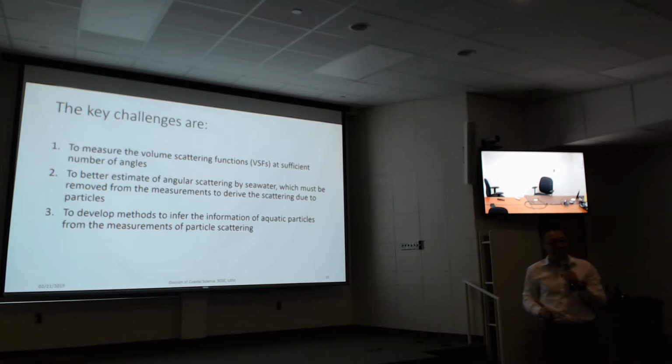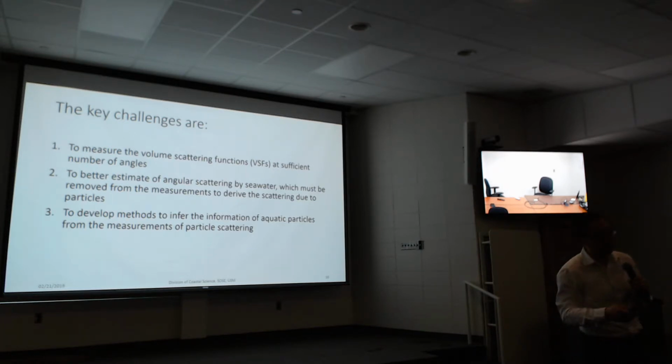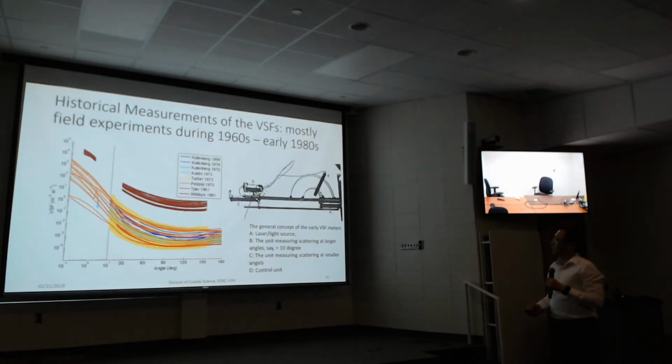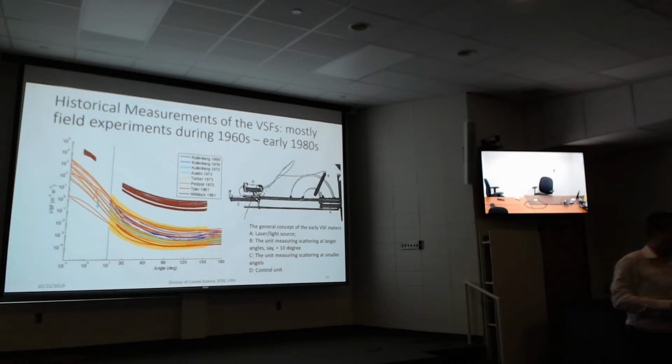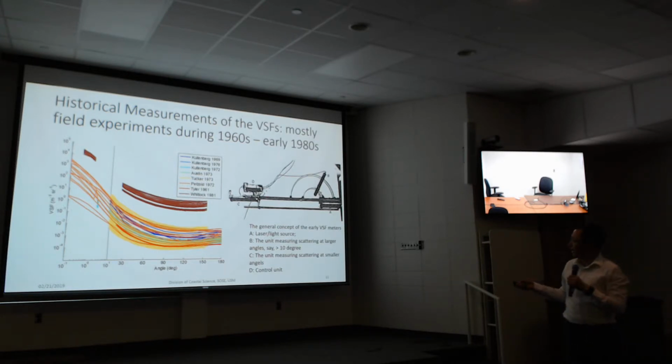Over the past 10 years, we have tried to overcome each of those challenges and move forward in this field of study. Number one is the measurement. This figure summarizes the historical measurements, mainly conducted in the 1960s and early 1980s, only a few observations. They are quite challenging to make, particularly in the field, this light scattering by particles.